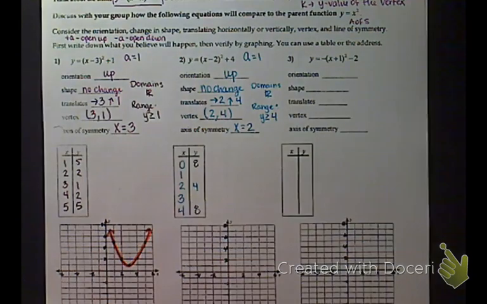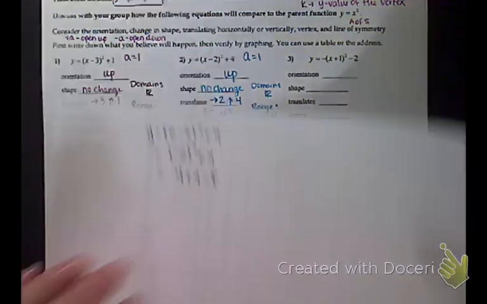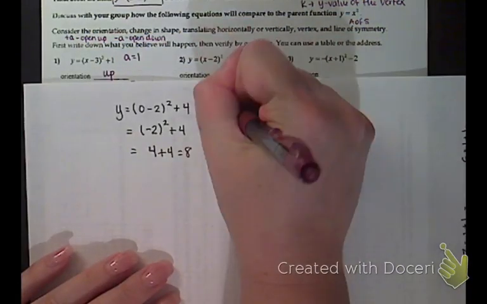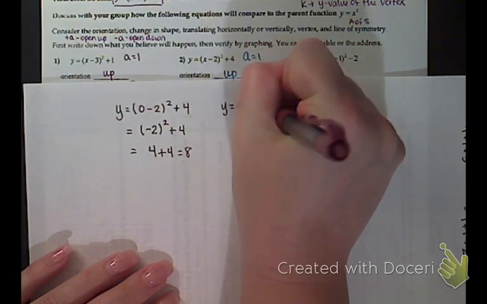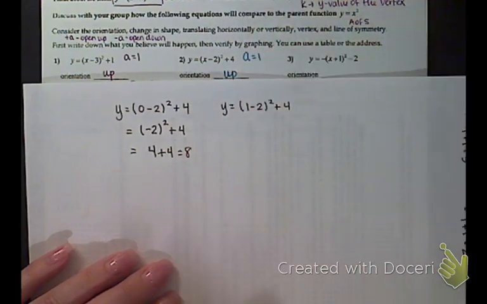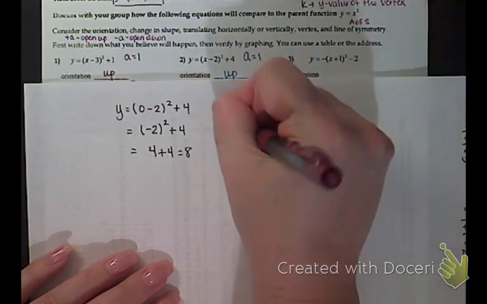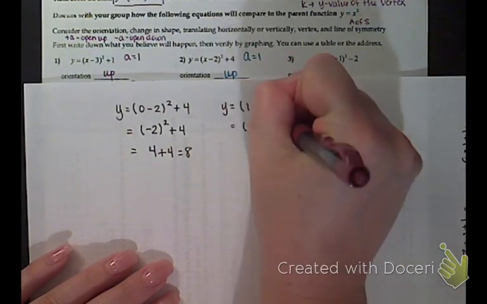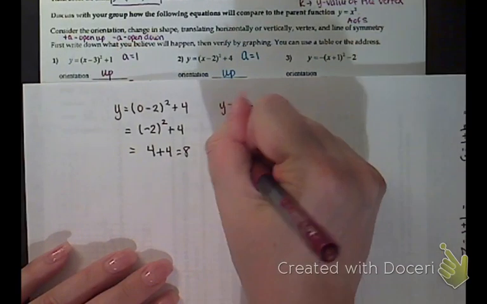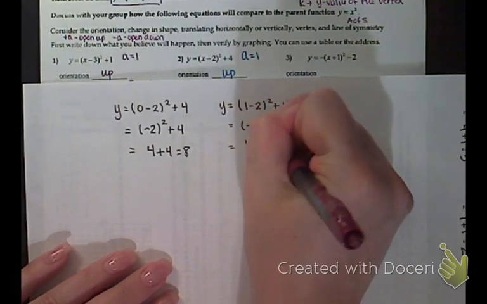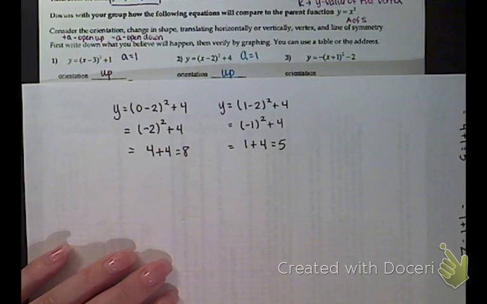Okay, I'm also going to plug in 1. So y equals 1 minus 2 squared plus 4. 1 minus 2 is negative 1 squared plus 4. Negative 1 squared is 1 plus 4, and that gives me 5.